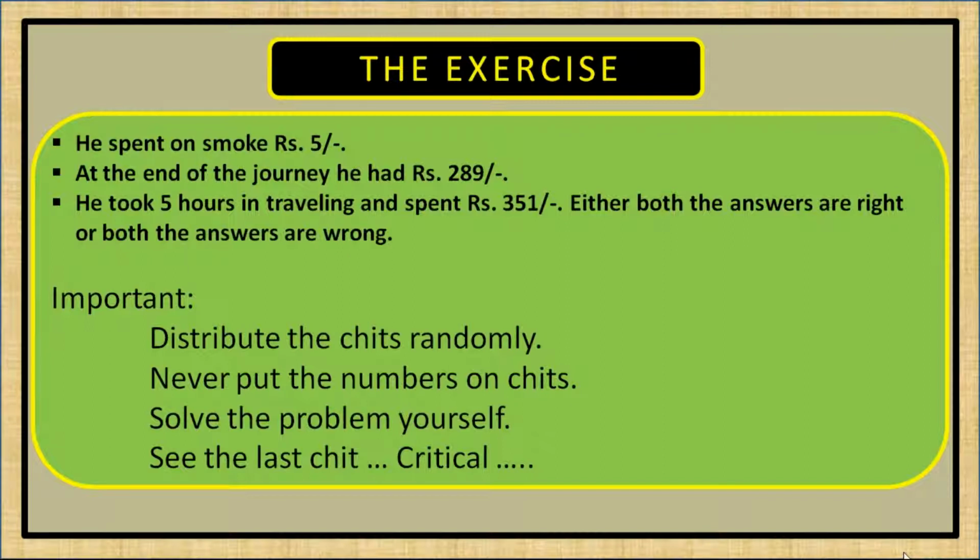Now what is easier? Easier is to calculate money spent. If they calculate the money spent and find that it is rupees 351, there is no need to calculate time taken. I have seen many teams, even of senior people, landing in a chaotic situation.